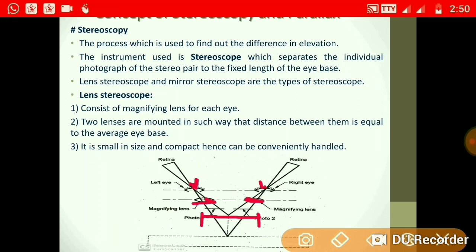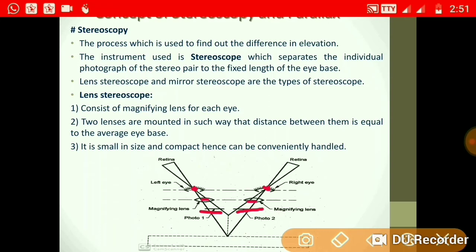So let us see in the picture how the setup is. So here these are the two eyes, left and right. Here are the two photographs. Okay, and these photographs we are observing through the magnifying lens.